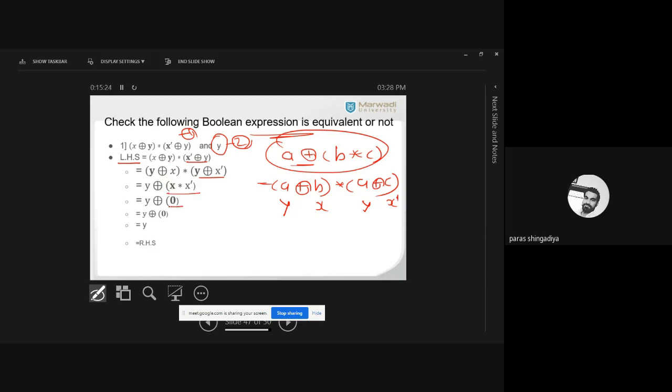Okay, so we can put y ring sum 0. Clear? And y ring sum 0 is equal to y. Clear? Y ring sum 0, that is equal to y only. Clear? So that is the required form in the second equation, and that is RHS. So we can say that equation 1 is equivalent to equation 2. Okay, is there any query?